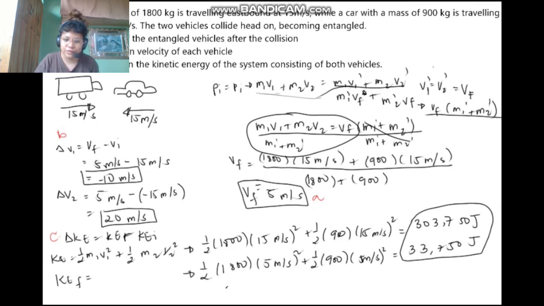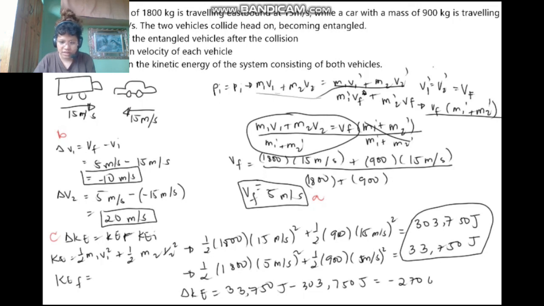Change in kinetic energy is 33,750 joules minus 303,750 joules, and we are going to get the answer of negative 270,000 joules. And this is the change in kinetic energy. And this is letter C.